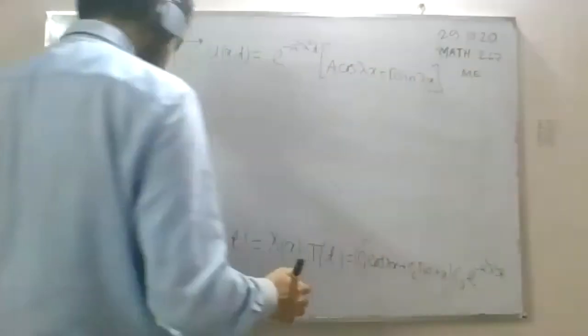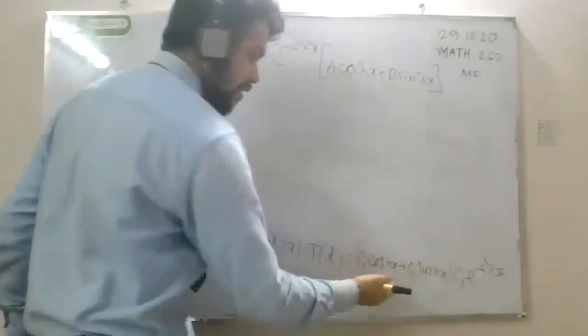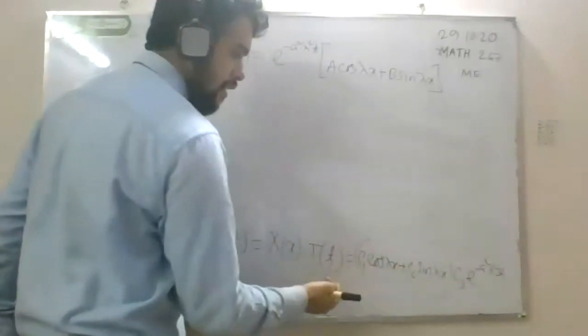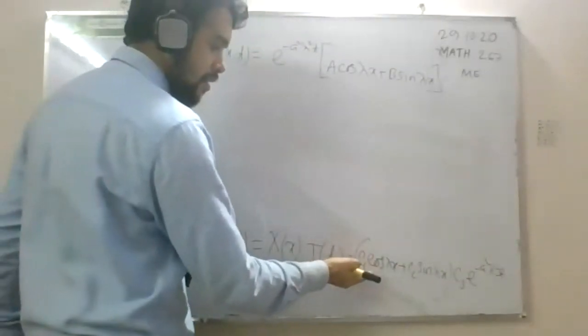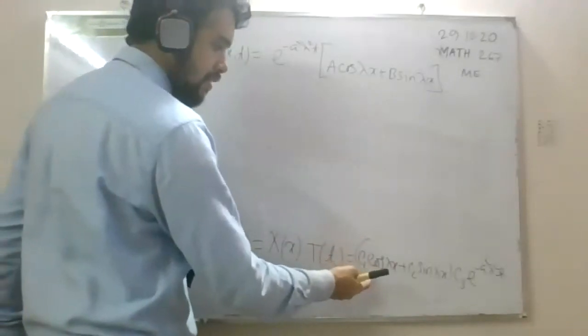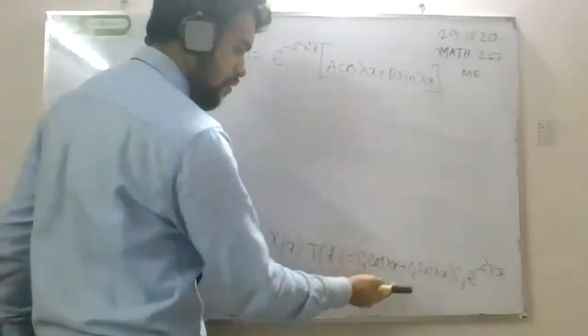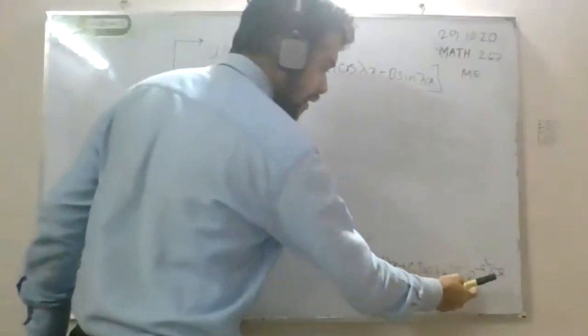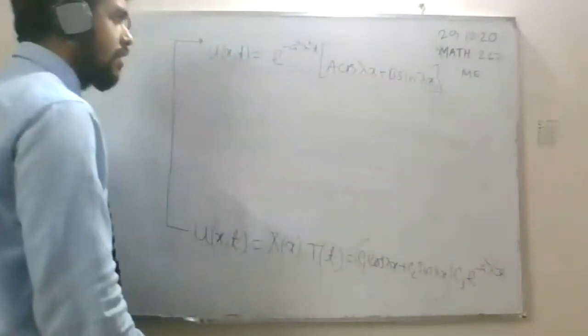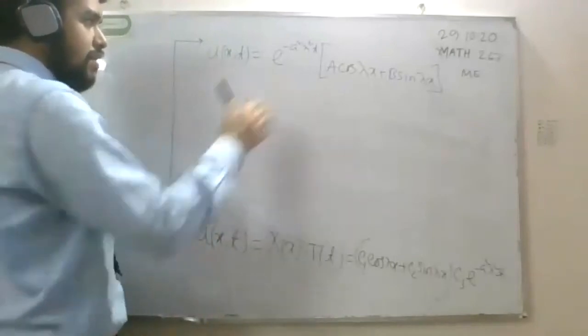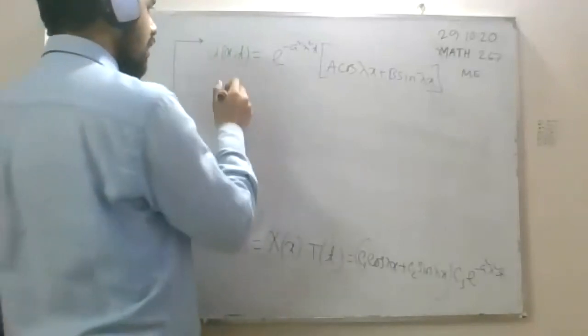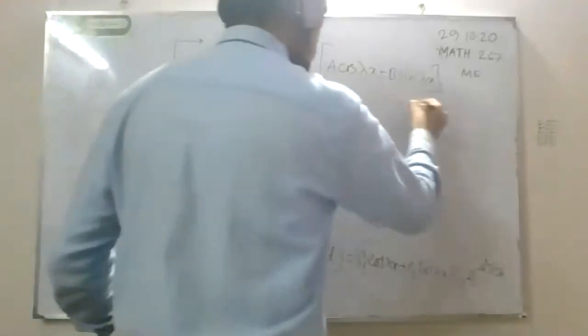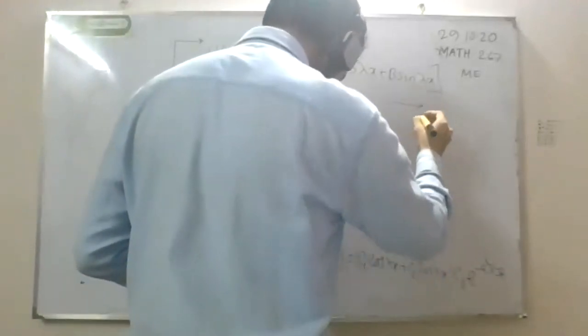Just multiply these terms, and after that take the constant term c1 c3 as a, and also c2 c3 as b, and the common e to the power minus a square lambda square t. So this is your equation. Let us suppose this is equation 7.